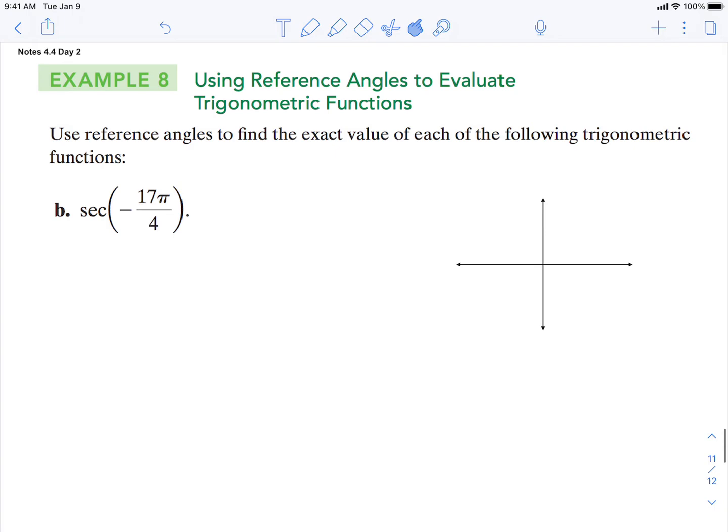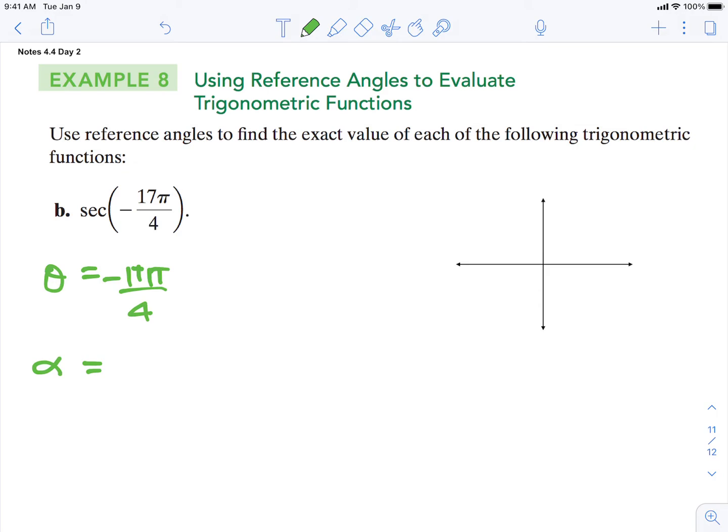One more. The secant of negative 17 pi over 4. So where is negative 17 pi over 4? So we're going to go ahead and find a coterminal angle.